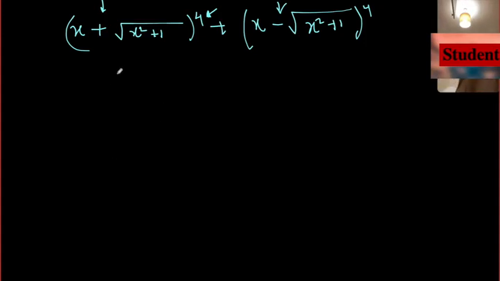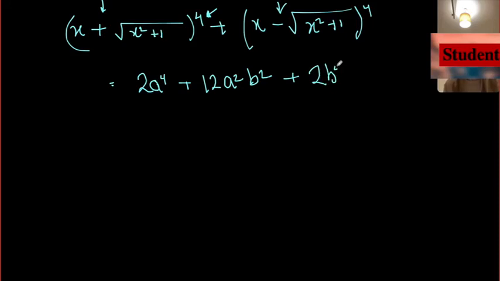I got an answer. What is that? 2a to the power of 4 plus 12a squared b squared plus 2b to the power of 4. Which looks okay to me. Okay. Is that okay?